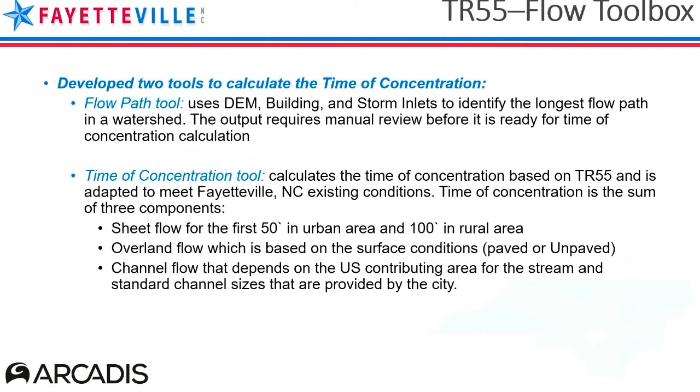The time of concentration is the sum of three components: sheet flow for the first 50 feet in urban areas and 100 feet in rural areas, overland flow, which is based on surface conditions, and channel flow that depends on upstream contributing area for the stream, and standard channel sizes that are provided by the city.